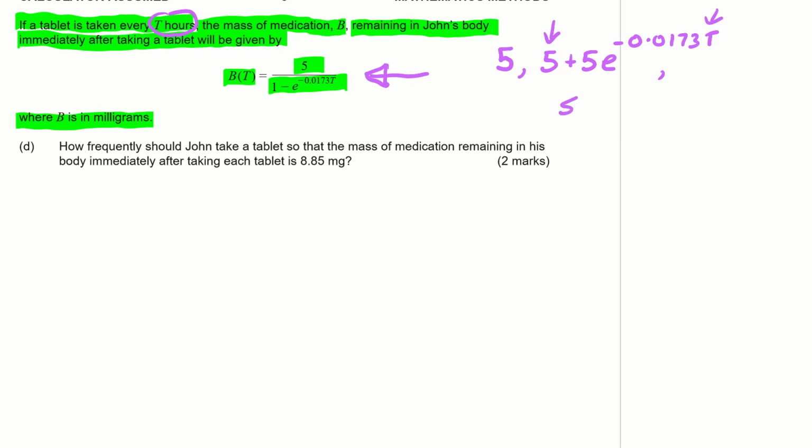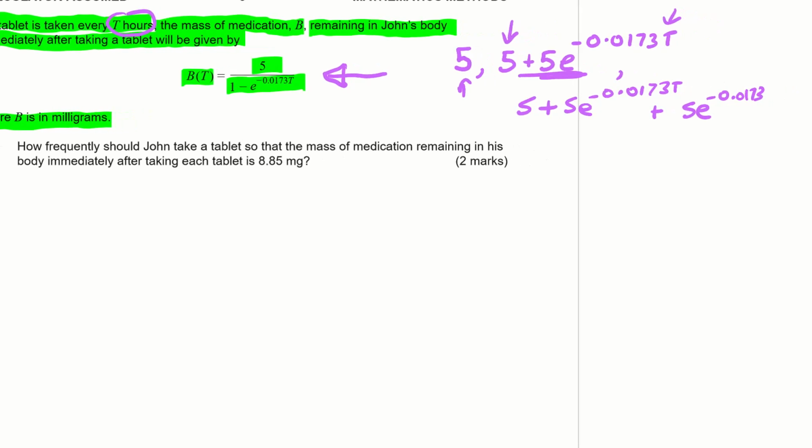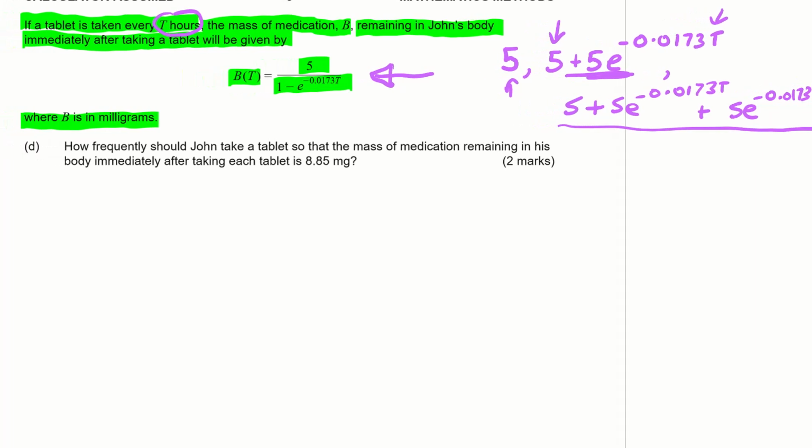So the next one would be 5 from a new tablet, 5 from the tablet he took here, and that would have this much, and then the tablet he took at the beginning would have this much, and that would be a 2t there. And basically it's looking at this continued on sum to infinity. That's how they got it.